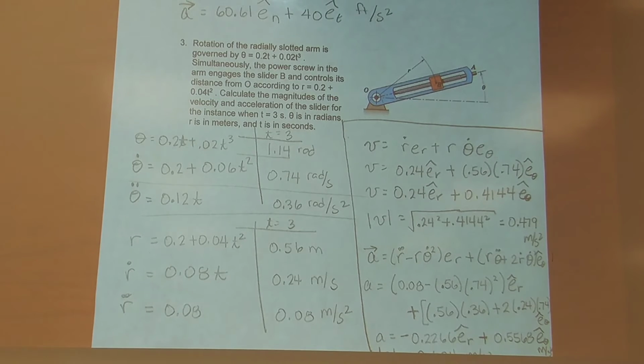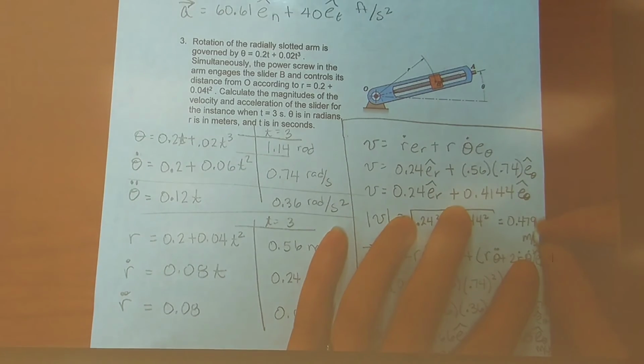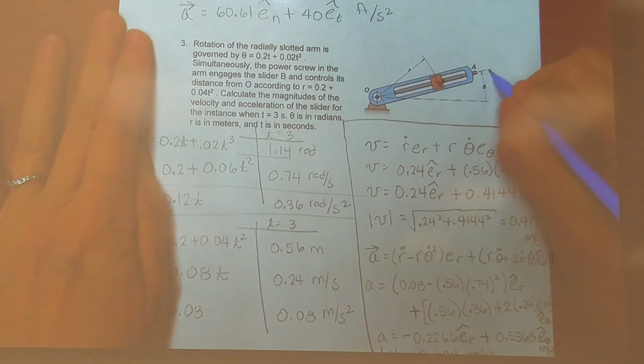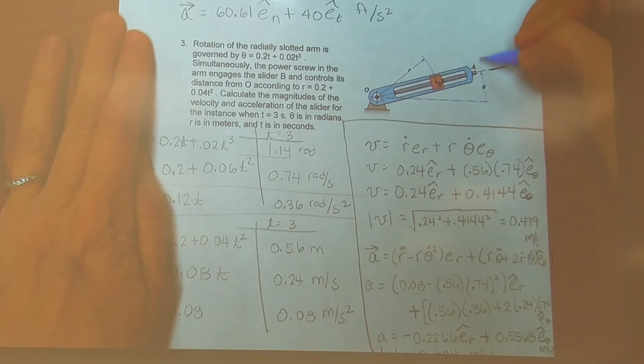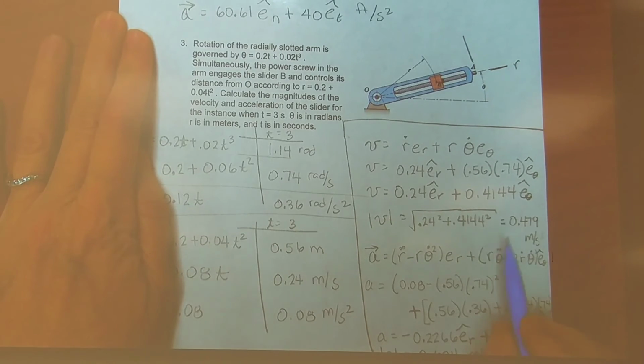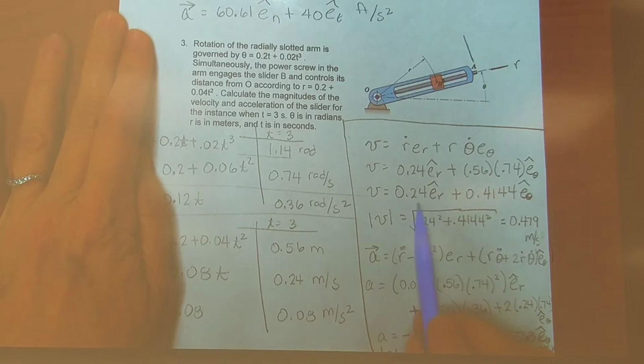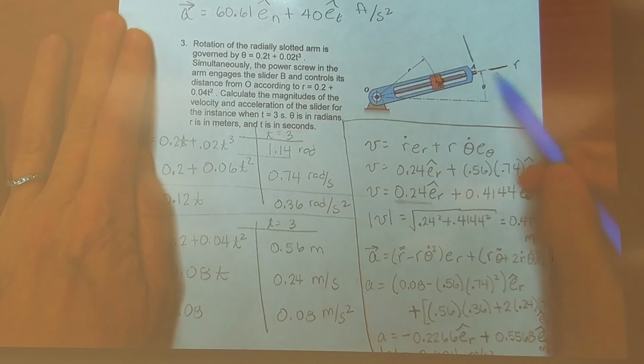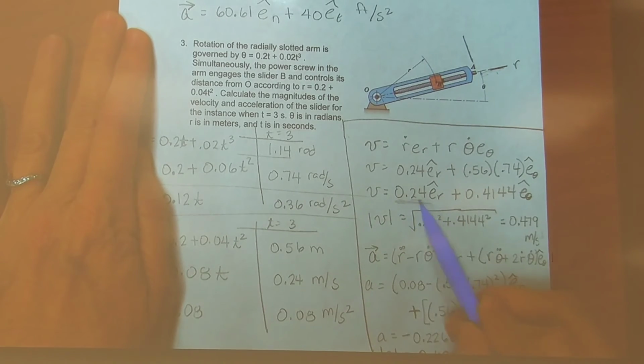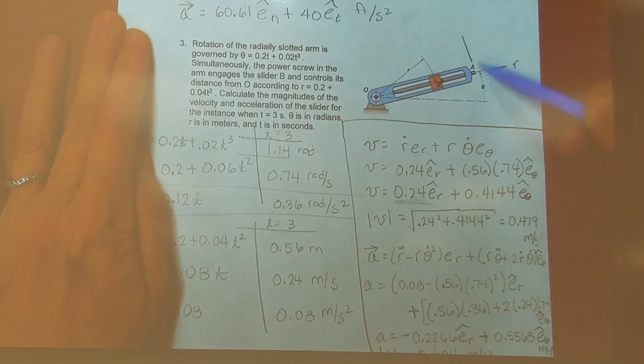But the velocity is 0.479, and that shouldn't be in meters per second squared, it just should be in meters per second. And so the radial axis is outward, and then the transverse is perpendicular to that. So this velocity is moving outward in the radial direction at 0.24 meters per second, and in the transverse direction, 0.4144.